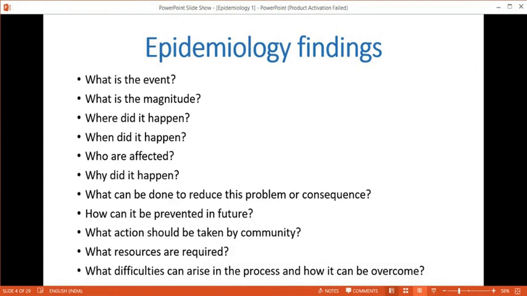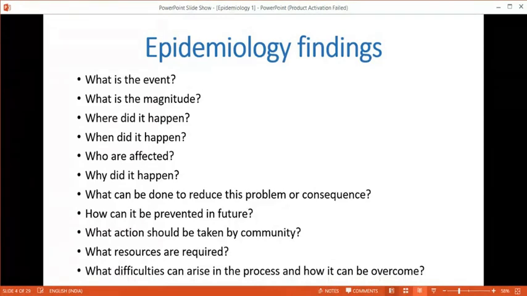What action should be taken by the community? The community should be educated so that they will be heating the water and making sure they get a good drink of good water. What resources are required? Here, for the intervention, we said the health education has to be done, the filtration has to be done, the supplier has to filter, the consumer has to boil the water and drink.